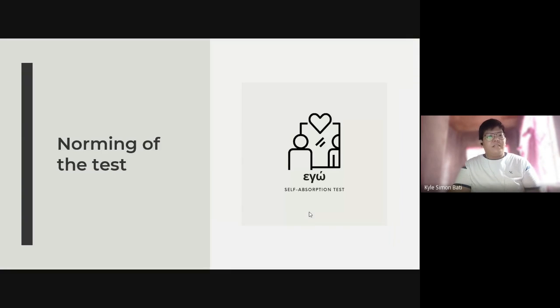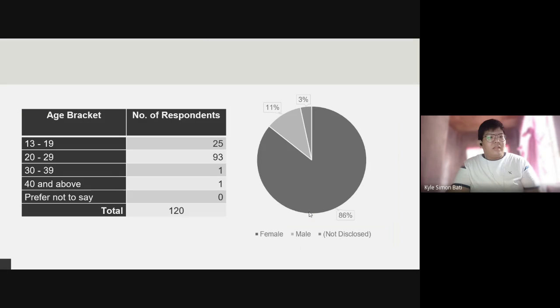Next slide, please. Norming the test. In norming the test, we have a representative of our samples. Variables such as gender, age, sexual orientation, and civil status are included in the data that has been collected. In this graph, the average respondent was 24 years old with a standard deviation of 39.9%.